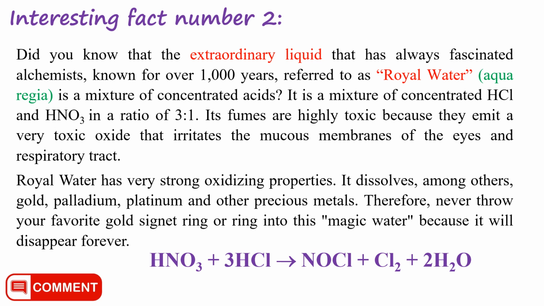Its fumes are highly toxic because they emit a very toxic oxide that irritates the mucous membranes of the eyes and respiratory tract. Royal water has very strong oxidizing properties. It dissolves, among others, gold, palladium, platinum, and other precious metals. Therefore, never throw your favorite gold signet ring or ring into this magic water because it will disappear forever.